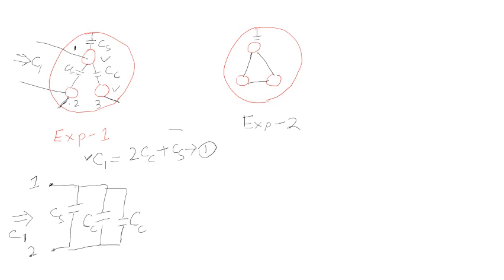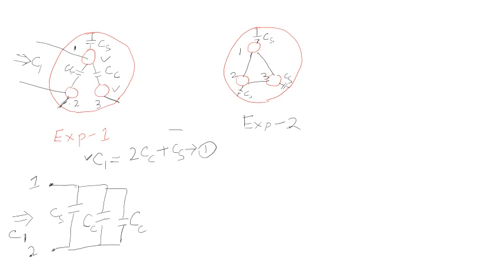So what I have been left with is one CS here, another CS here, and another CS. We have nullified the CC. Now we will measure the capacitances between any one core and the sheath.